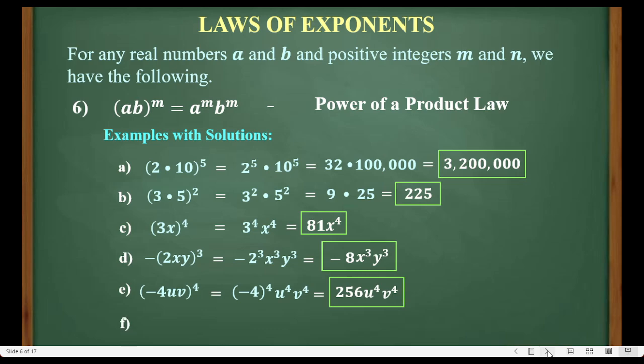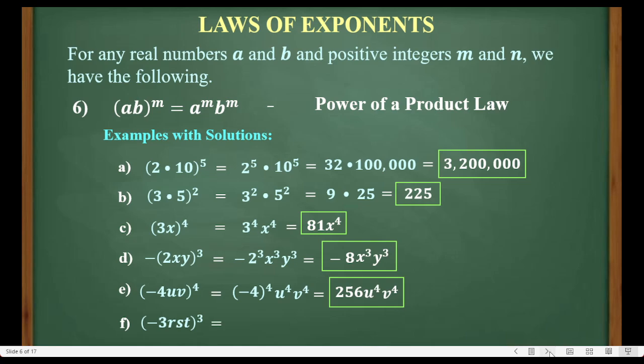Next, probably this is the last example under the power of a product law, letter F. How about this one? Again, the negative sign is inside the parenthesis, so that is quantity negative 3 rst cubed. Okay, so it means negative 3 is also to be raised to the third power together with r, s, and t.